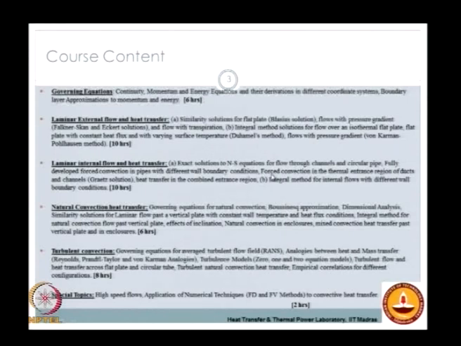Then we look at slightly more complicated solutions in which it is hydrodynamically fully developed, that is, the velocity profiles remain invariant of the distance downstream, but there is a change in the thermal boundary layer. So that is your thermal entrance region of the ducts, and these are called the Graetz solutions. And of course, we'll also apply the approximate solutions to these problems.